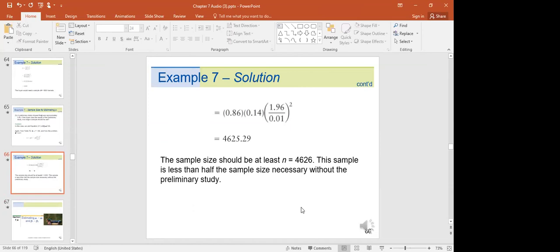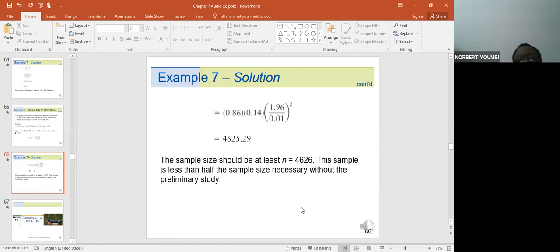So we will get 4625.29, which is approximately 4626 corn to be purchased if a preliminary study was made, giving us an estimate for the proportion.